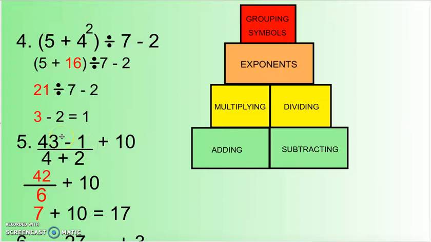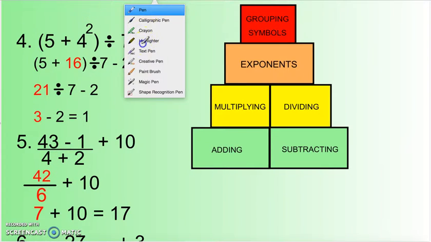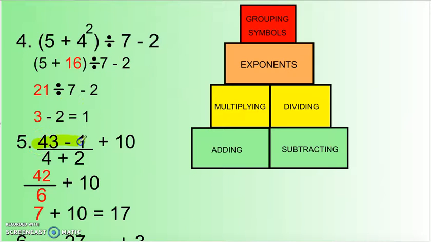Yeah, notice I treated this whole problem kind of like it was its own numerical expression, its own sentence. I treat it as this is a sentence and this is a sentence. And so what I did is I took 43 minus 1, I got the 42, and then 4 plus 2, and I got the 6.